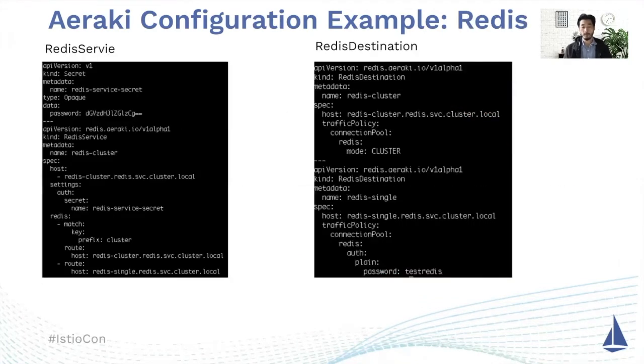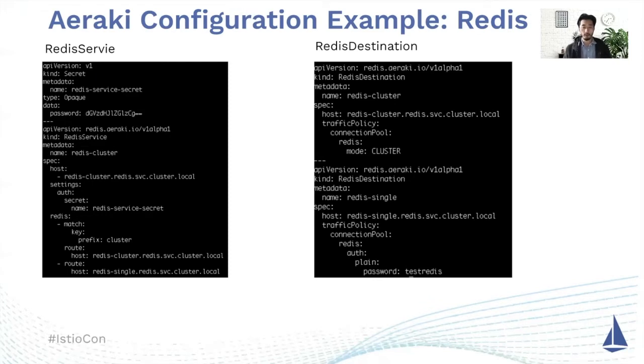Redis is a bit special because it's not RPC, and its semantic is different from HTTP or gRPC. So we can't use Istio virtual service and destination rule for Redis. Aeraki defines Redis service and Redis destination CRDs to abstract the trivial Redis Envoy configuration from you.